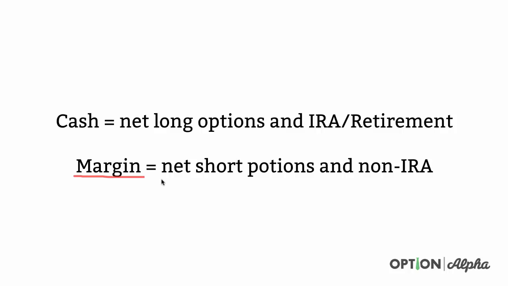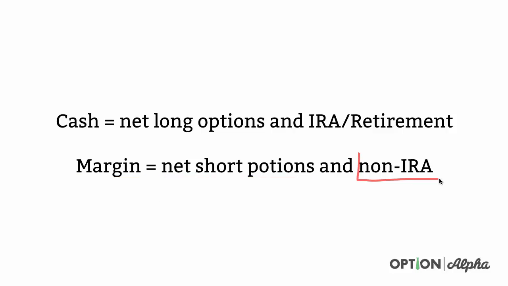In this case, it usually happens more often on net short positions. So if we are a call seller or a put seller, we might have to enter that contract and we might have to put up what's called margin. So we put up some portion of the maximum amount of risk on the trade to cover this.